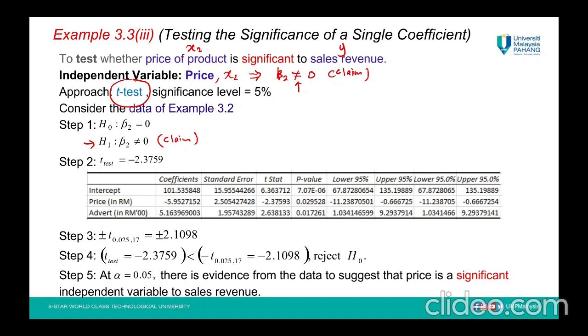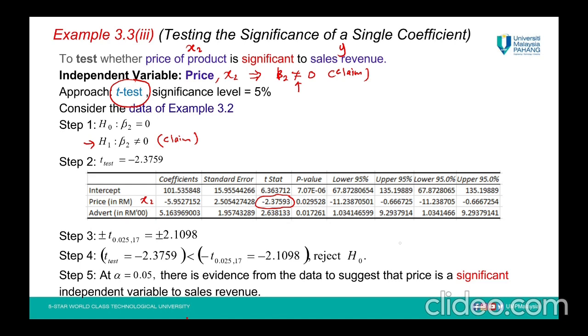We can get the t-test value from this table, where the price here is x2. By taking the value at 4 decimal places, t-test equals negative 2.3759.